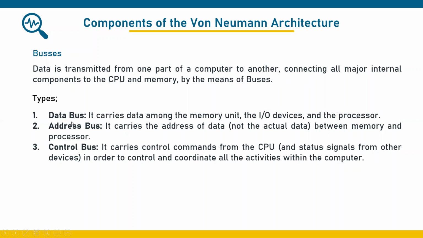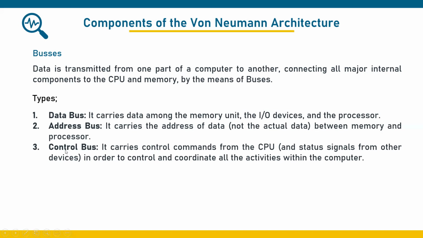First one is data buses, which carry data among the memory unit, the IO devices, and the processor. Second one is address buses, which carry the address of data, not the actual data, between memory and processor.